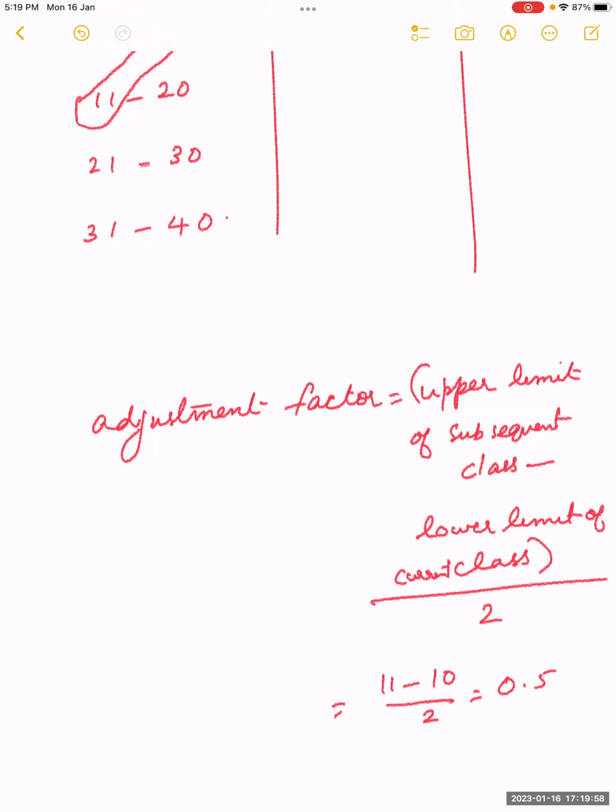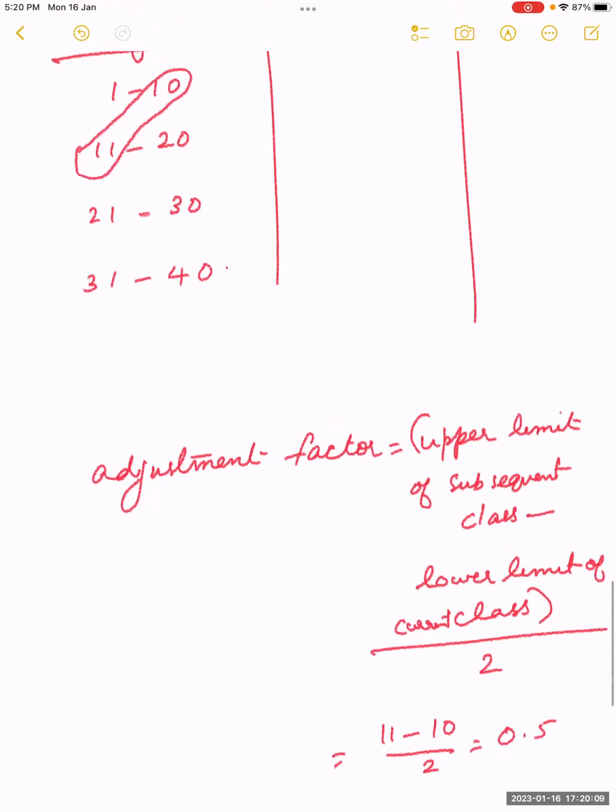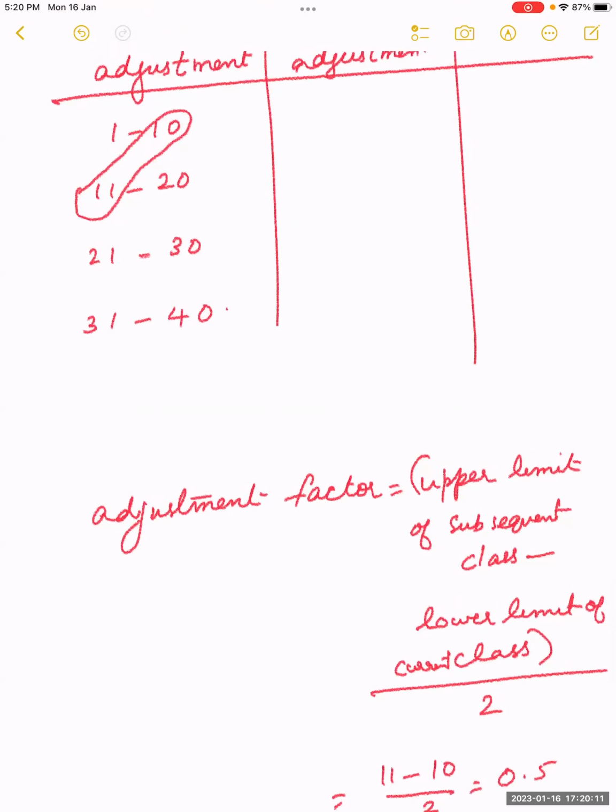So all of you understood what I did here? What is the adjustment factor? The adjustment factor calculation is clear. Upper limit of subsequent class minus lower limit of the current class, divided by 2.